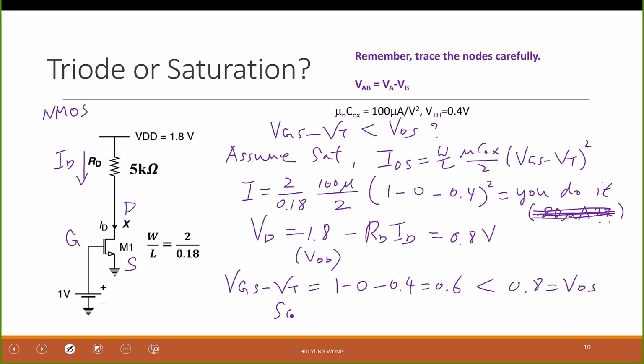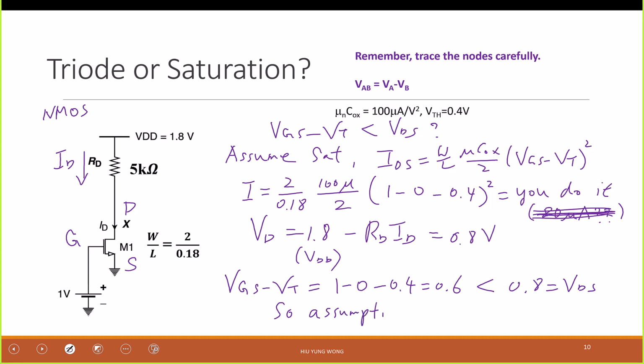So the assumption is correct, right? Because we assume it is saturation, so it must satisfy this equation. After I plug in, I really see that it does. So this is in saturation instead of linear.